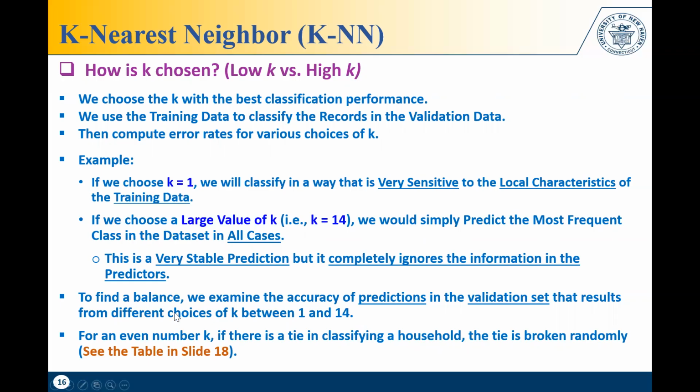So we need to find a balance. To find a balance, we examine the accuracy of the predictors in the validation set that results from different choices of K between 1 and 12. And remember, if the value of K is even, and if there is a tie in classifying the household, the tie will be broken randomly.